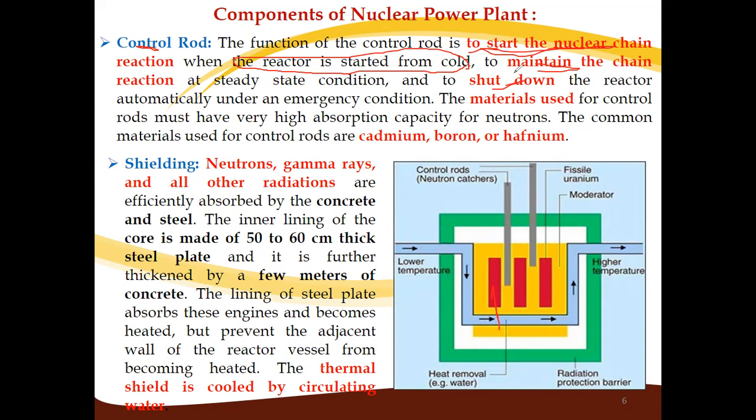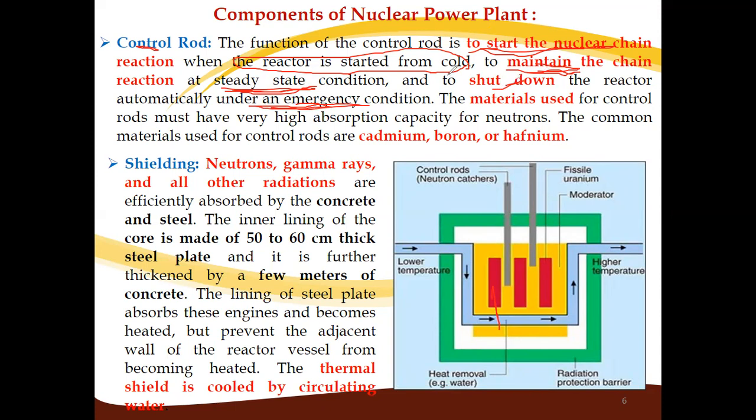Second, we have to maintain the nuclear fission chain reaction in continuous, steady state condition. And third, to shut down this nuclear chain reaction automatically under some emergency condition. So if you have some emergency condition, we can shut down this nuclear reactor automatically.